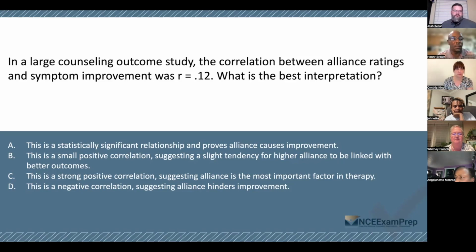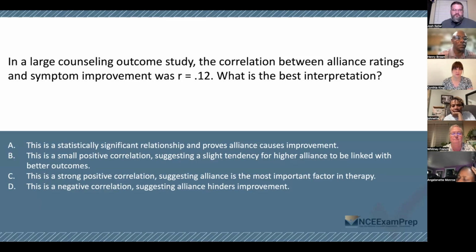B. Okay, someone tell me why. Because first of all, it's going to be small. So that takes out C and D. Okay, hold on. Why is it going to be small? Because we're at 0.12, and that's close to 0. Yes. But it's also a positive number, so D is negative.